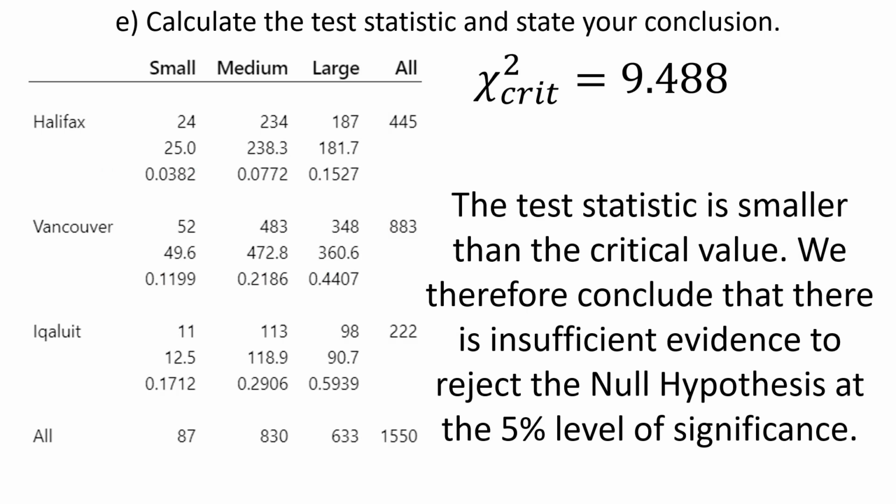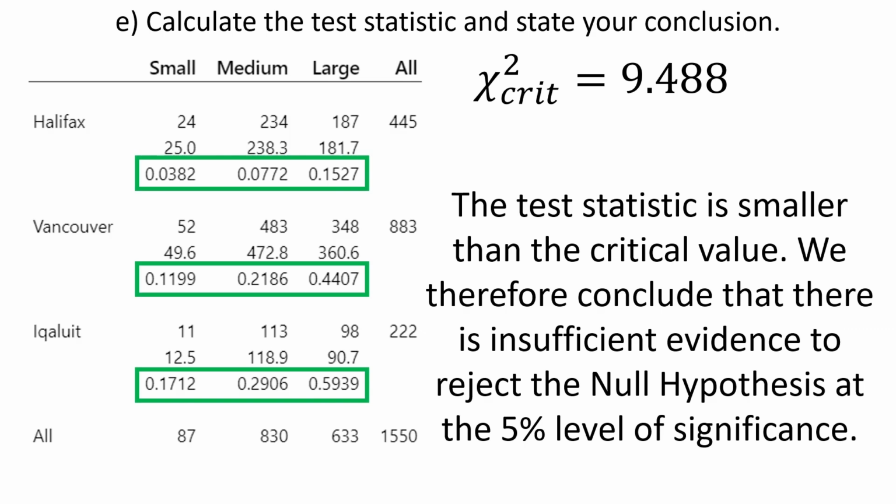Next, we're going to calculate the test statistic. Right, so how do we do that? Well, we just have to add up all the chi-squared contributions. Now, I hasten to add that on a midterm or final, you're not going to be expected to add up a whole bunch of numbers like this.